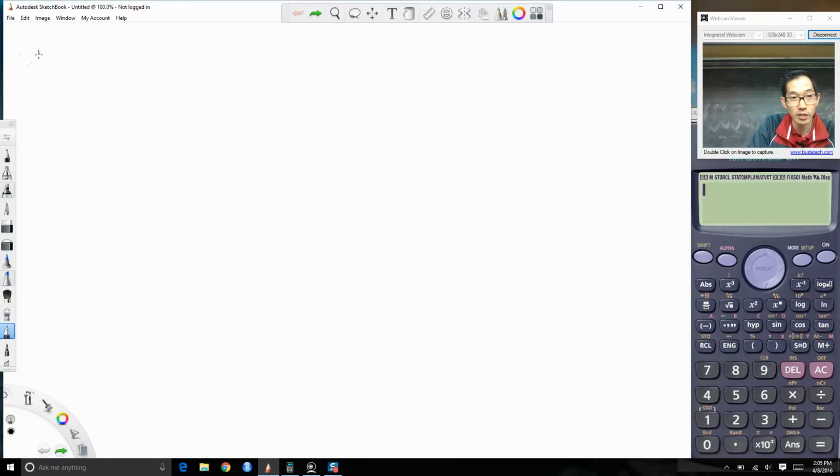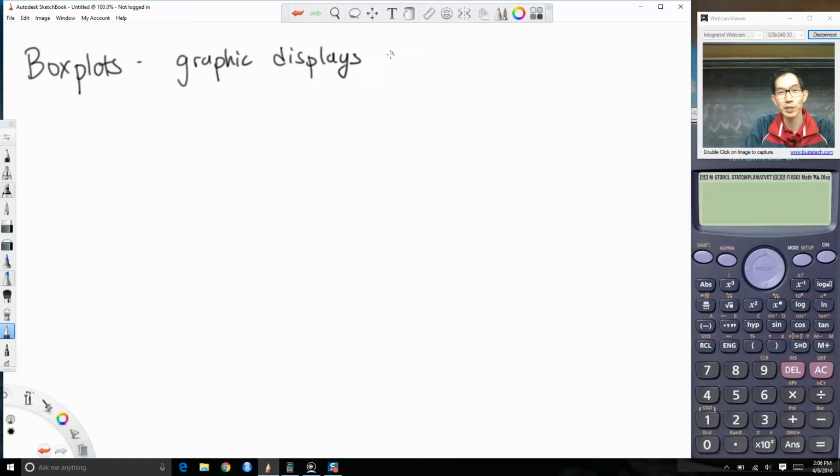Box plots are graphic displays for numeric data. What are the other displays for numeric data?